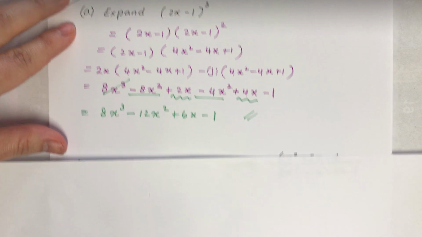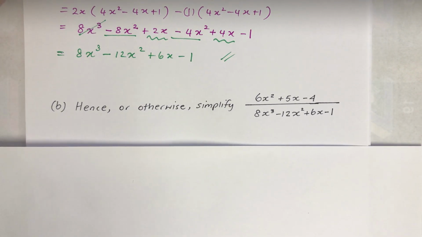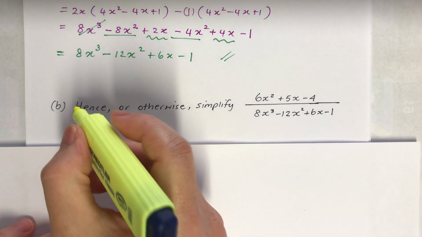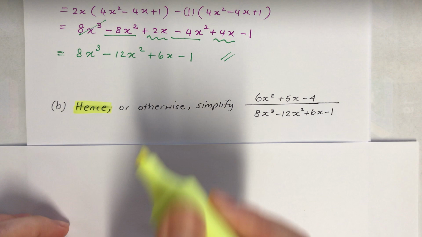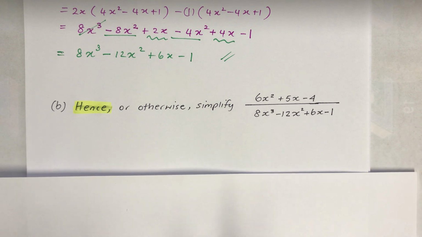Good. Now part B says hence or otherwise. Yes, this is the key word here. Hence means you're being told to use the previous part. So I'm going to do the same right now.